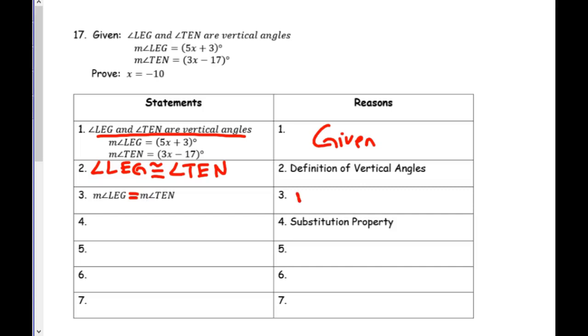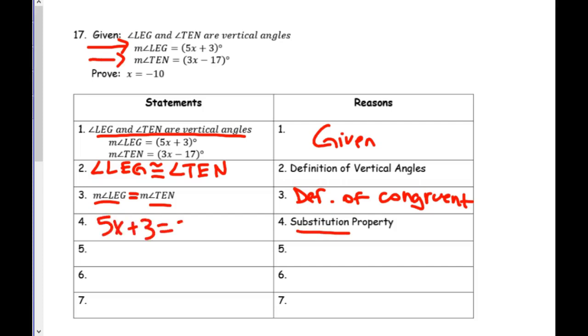So, that's the definition of congruent. If it's congruent shapes, then they have equal measurement with the m. Now, do we know measure of angle leg? Yep. Do you know the measure of angle 10? Yep. So we're going to replace it. That's called substitution. So 5x plus 3 equals 3x minus 17.